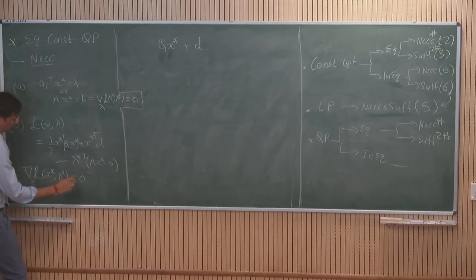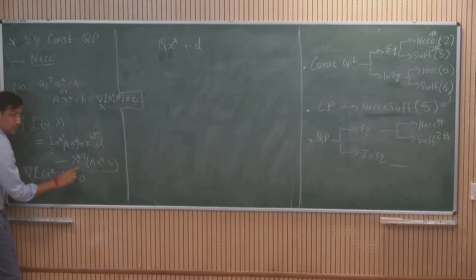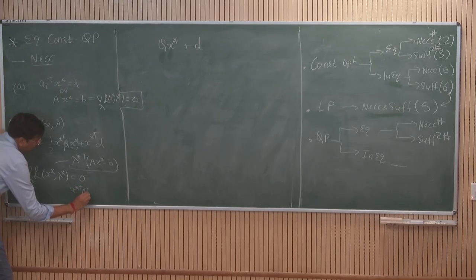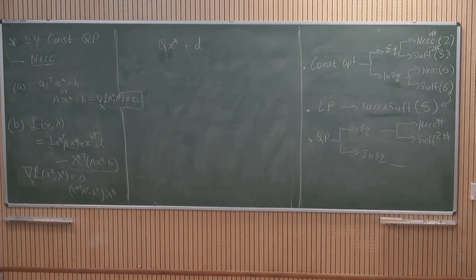To do that, rather than the gradient of this transpose this, I'll write this transpose this, like we have done in the case of LP. So I can write this as x star transpose A transpose minus b transpose times lambda star. Correct? Now if I take the gradient of this, what will I get, Abhinav?